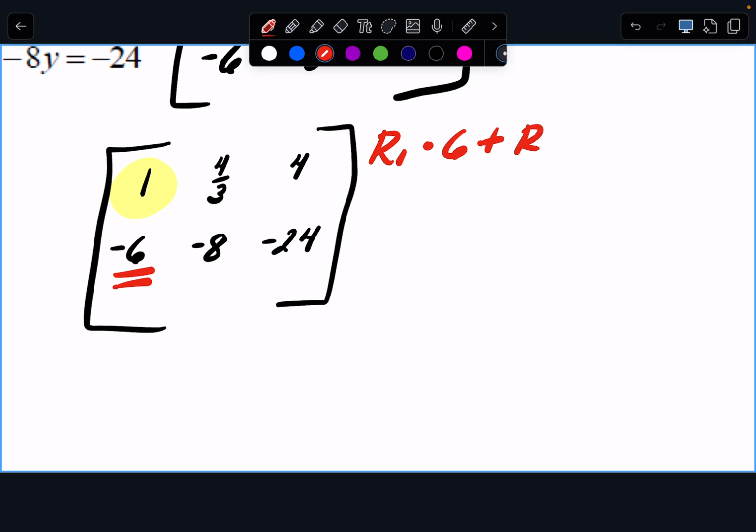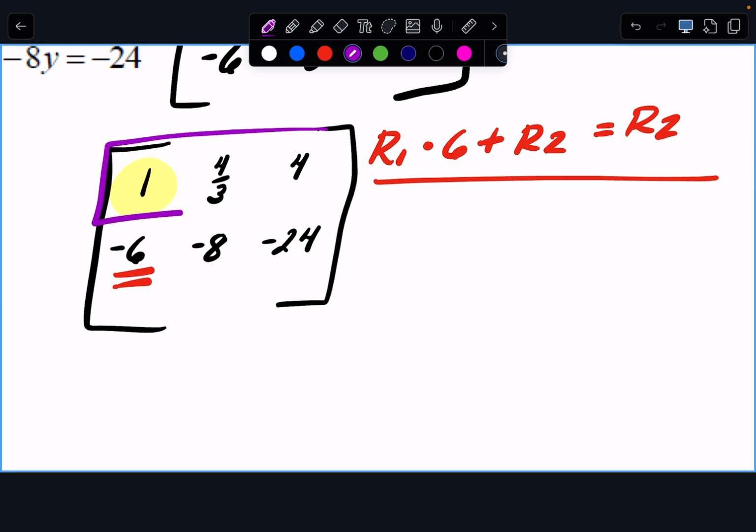We're then adding it to row 2, equaling new row 2. Row 1, everyone, I'm just going to put a purple box around it. We're timesing all of those by 6, but we're not actually changing it. We're just doing it for a minute. So don't I get a 6? Now let's say you're like, wait, what is that? If it's not a decimal, then you could do it in your calculator. So you could do 4 divided by 3, hit enter, times 6, and it tells you it's 8.